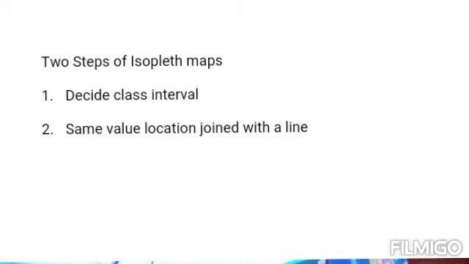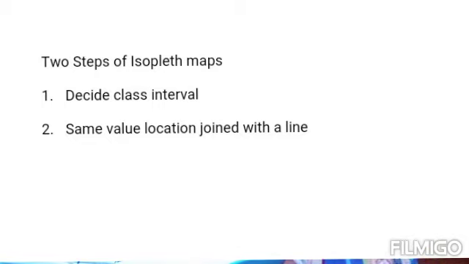Now when we prepare isopleth method maps, we follow two steps. What is the first step? Class intervals are decided on the basis of highest and lowest values, and we come to know the difference between lines. In the same way, in dot method also we had highest and lowest values.